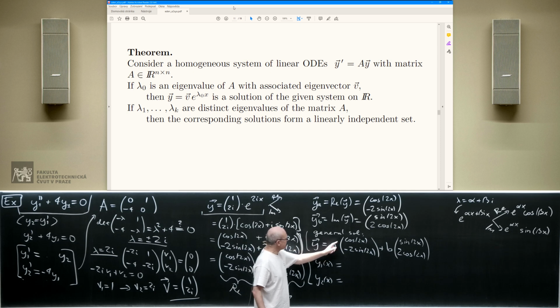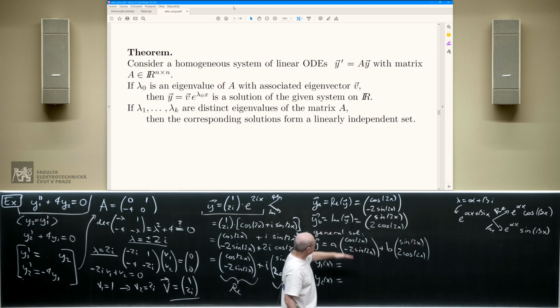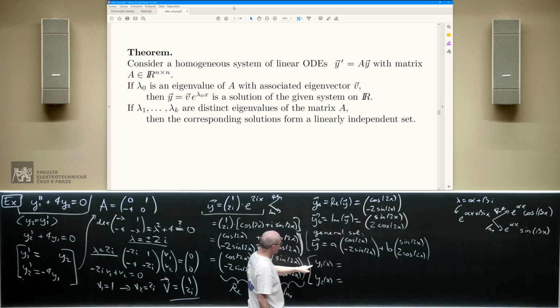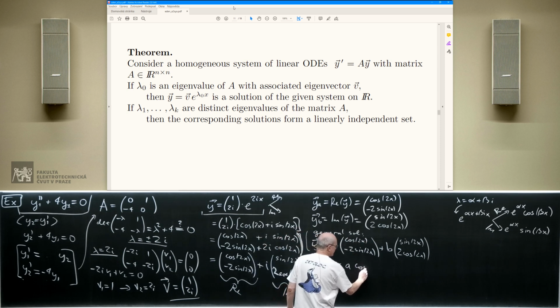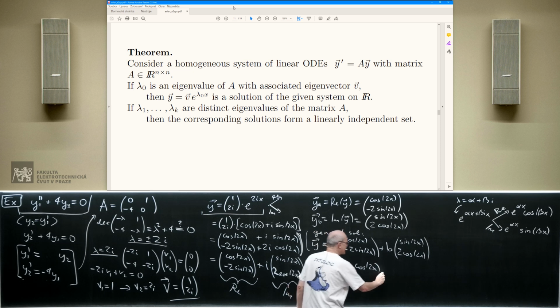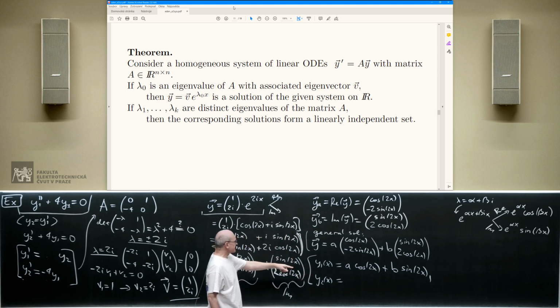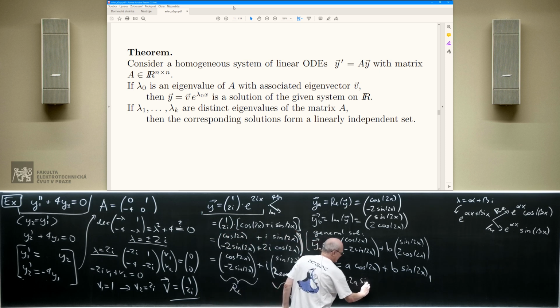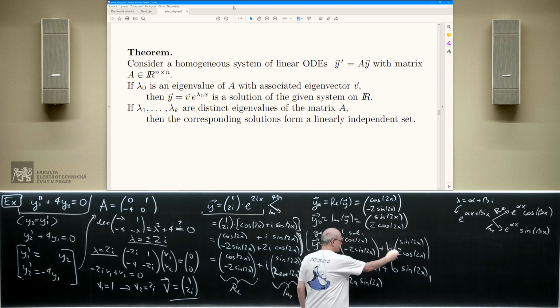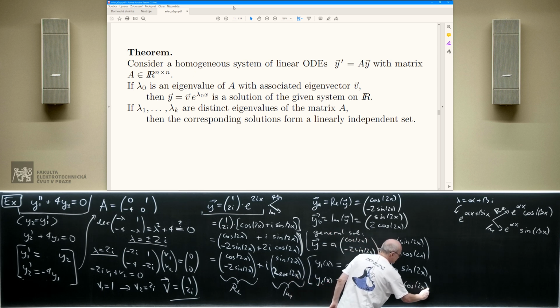So I multiply out a inside, I multiply b inside, I merge them, and in the first row I can see y1. y1 is a cosine 2x plus b sine 2x. y2 is negative 2a sine 2x plus 2b cosine 2x.